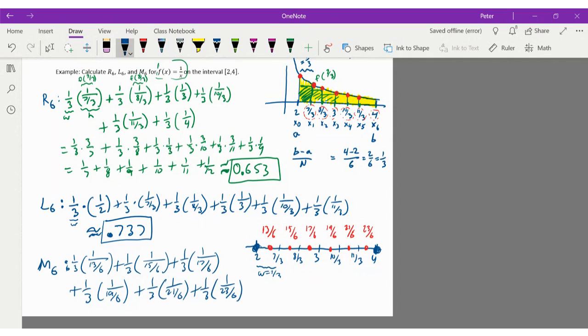And that comes out to 0.692. I should probably emphasize this is just an approximation.